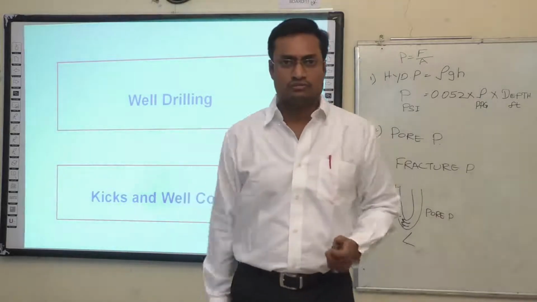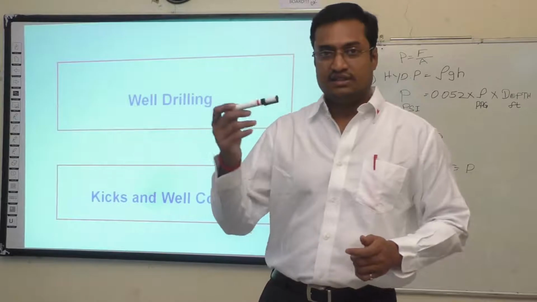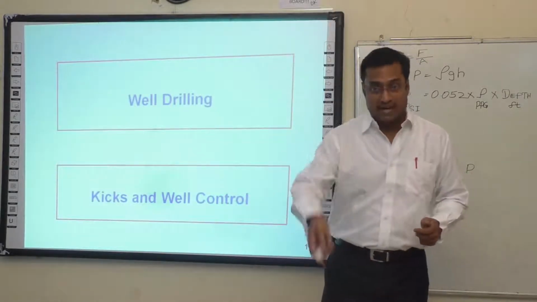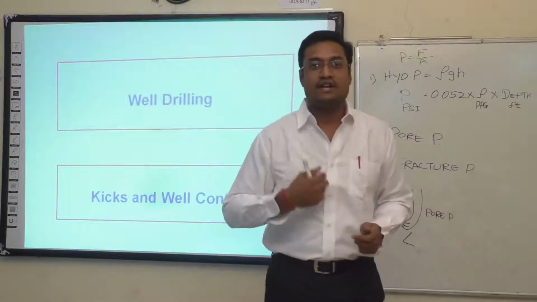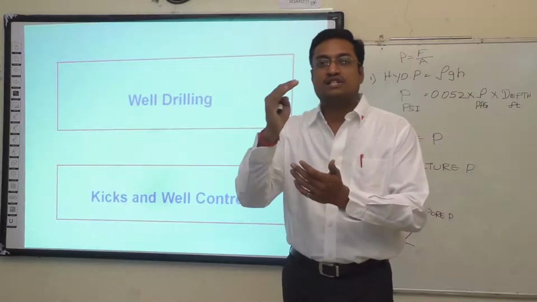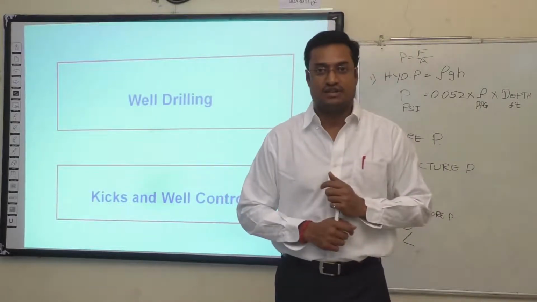Now we will go to the next stage. We will go with the kicks. What is a kick? Why does it happen? When will it happen? How do we identify the kick? If we identify the kick, what is the procedure we have to follow? That is the well control procedure.